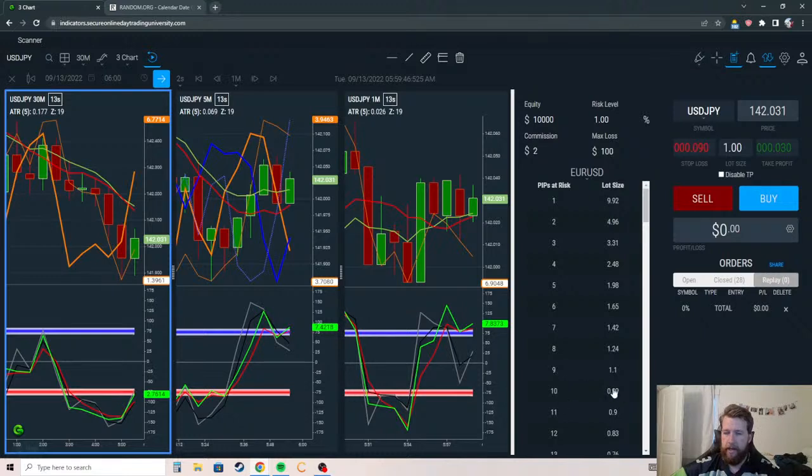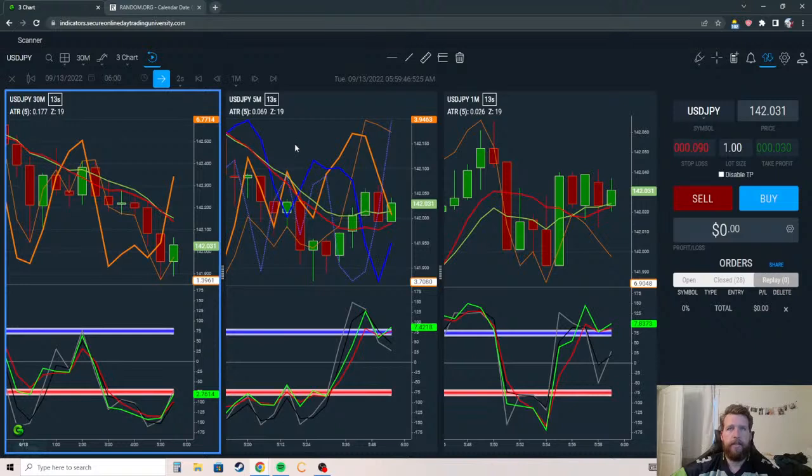So basically, 1% is the most that we would risk. We're just going to be trading with 1 lot size. Our stop loss is going to be based off the 5-minute ATR, and we're just going to round up to the nearest pip.